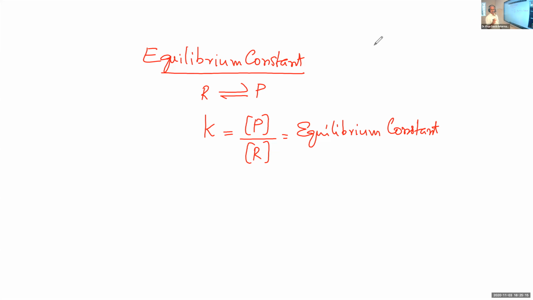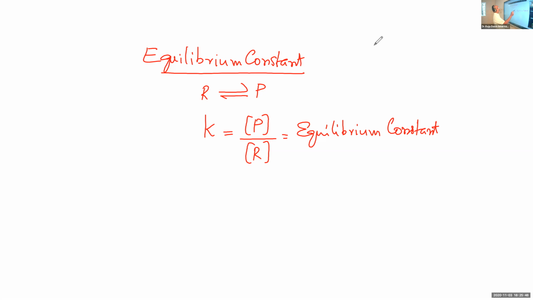In the numerator, the concentration of the product, the right hand side. In the denominator, the concentration of the reactant, the left hand side. And this ratio is a constant, called the equilibrium constant.